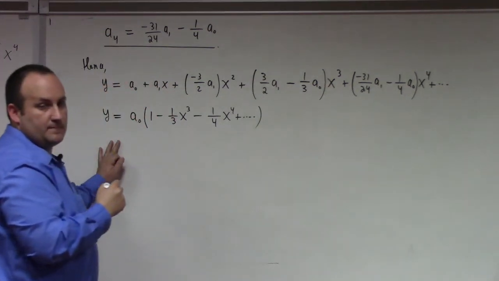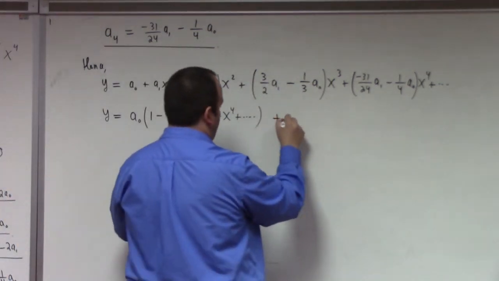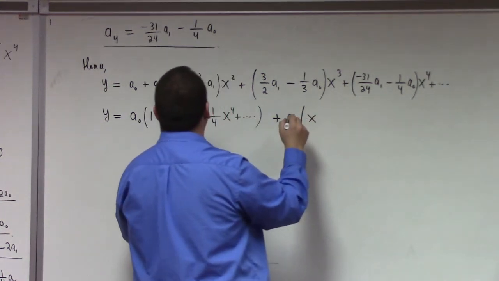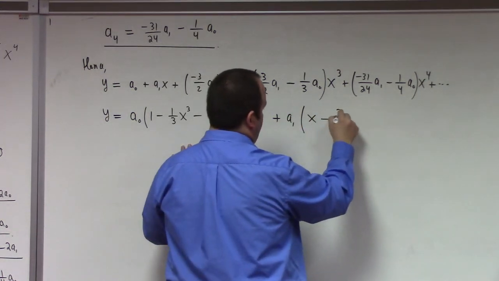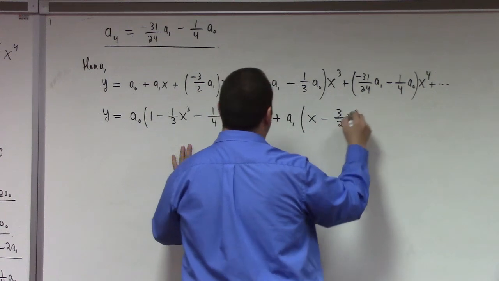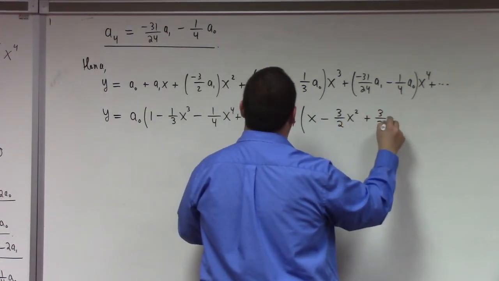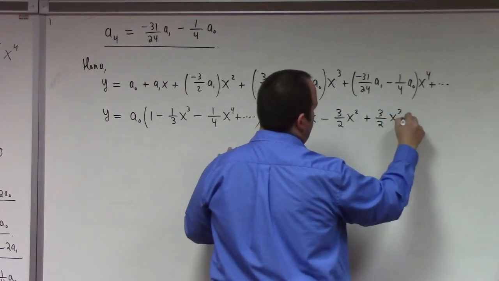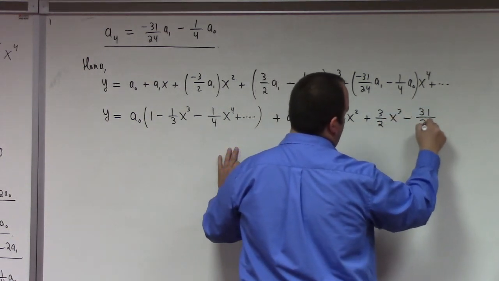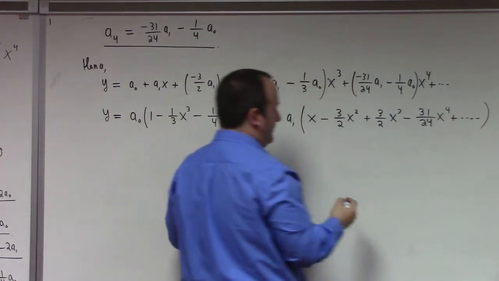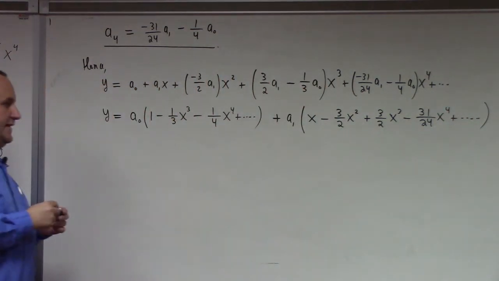Right? And then I have plus a1 times x minus 3/2 x squared plus 3/2 x cubed minus 31 over 24 x to the 4th. And that's the general solution.